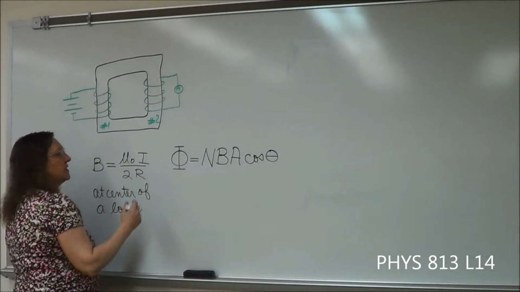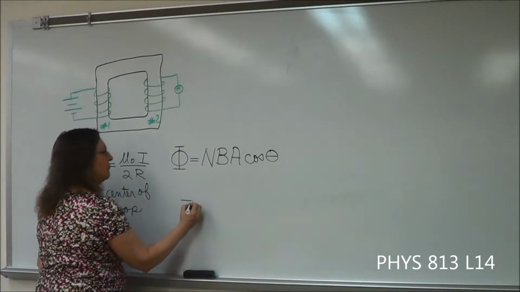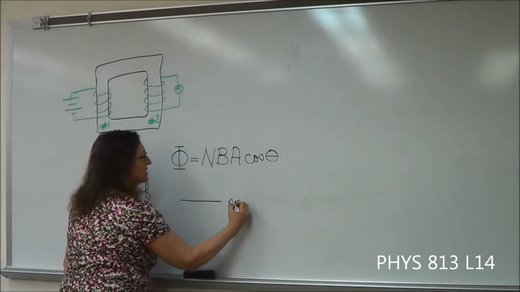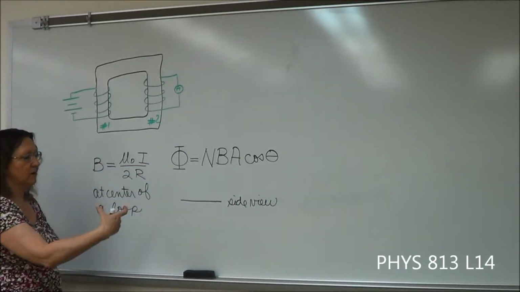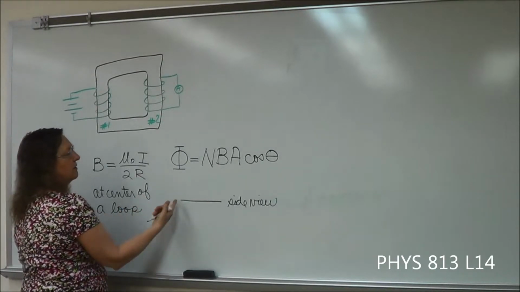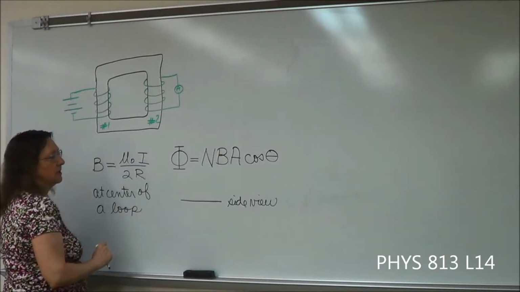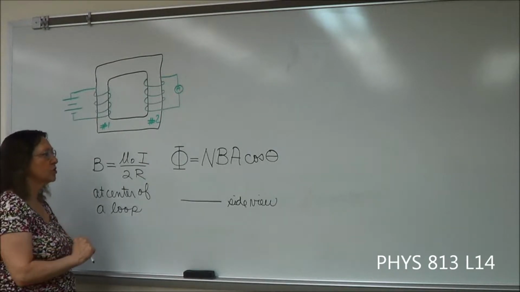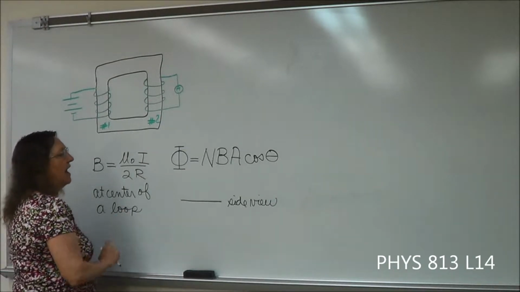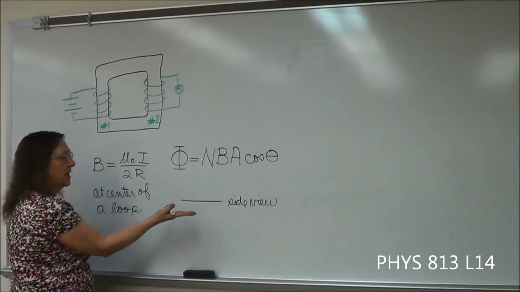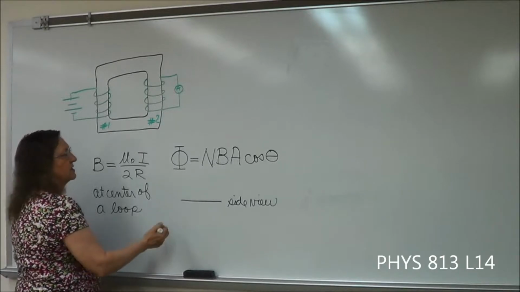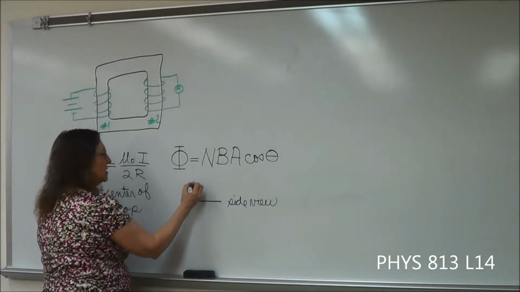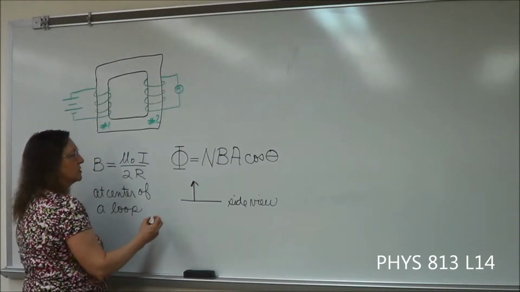Now, the way we look at this is if we have a side view of a loop of wire. If you were looking at it from the side, this is all you would see. Now, the crucial thing is that the direction of the area of the surface of the loop is perpendicular to that surface. That's the one thing that students always don't remember, and then they get everything confused.